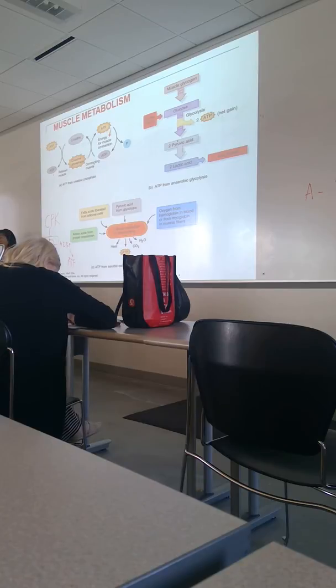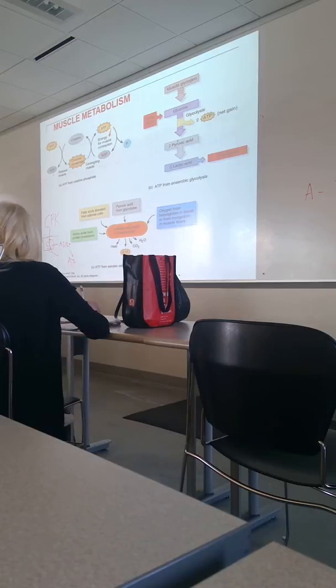So if creatine phosphate is only found in muscle cells, then it makes sense that this enzyme must also be found only inside muscle cells. Does it make sense? Right? Do you find creatine phosphate in skin cell? No. Nerve cell? No. Just only muscle.